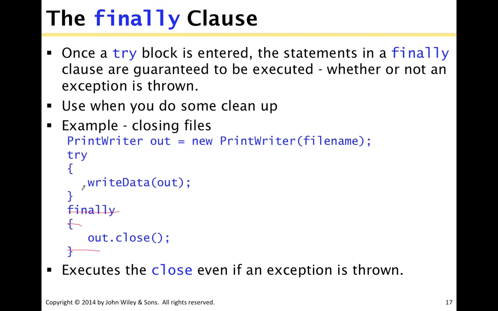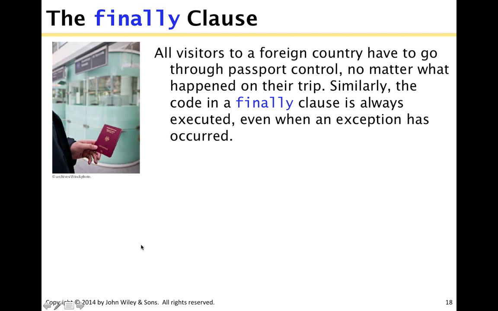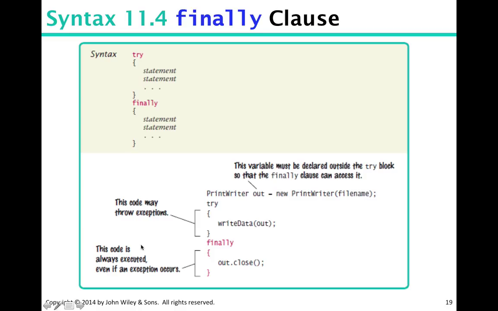So in the physical execution order, whether you put the finally clause or not, this is executed anyway. So syntax wise, you have a try and a catch, as many catch clauses as you like, and then finally, so this one is guaranteed to be executed.